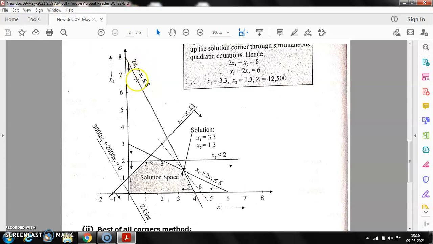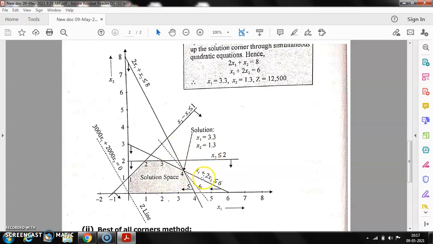This is the equation and this is less than, no? So from this line, whatever the space is there on this side, not this side, that is all the solution space for this equation. And again, from this line, whatever the region is there on this side, that is all the solution space.